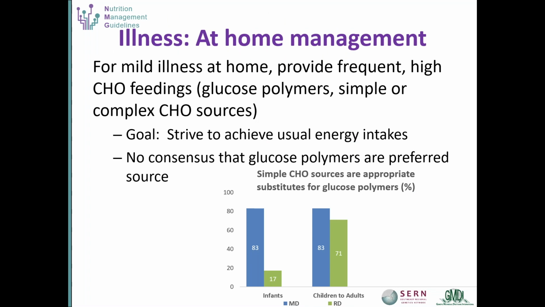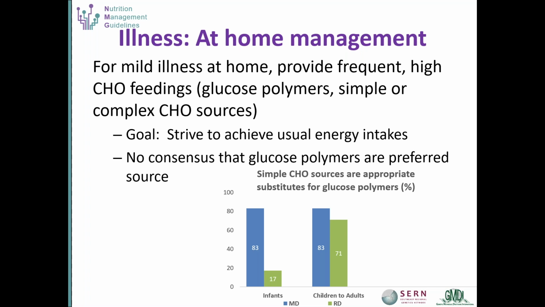At home management, for mild illness at home, we want to provide frequent high carbohydrate feedings. These can include glucose polymers, simple or complex carbohydrate sources. We did ask in the Delphi survey whether glucose polymers were preferred over other carbohydrate sources, so preferred over juice or other foods like that.